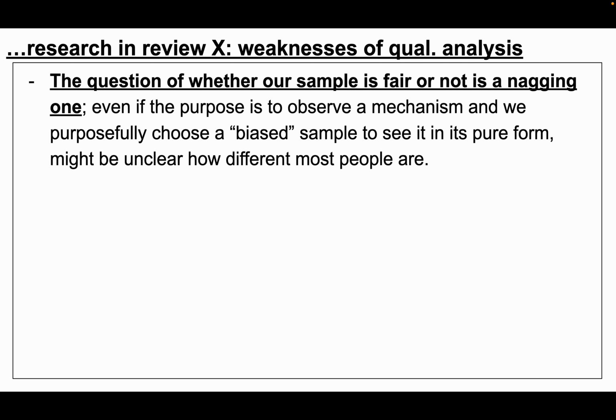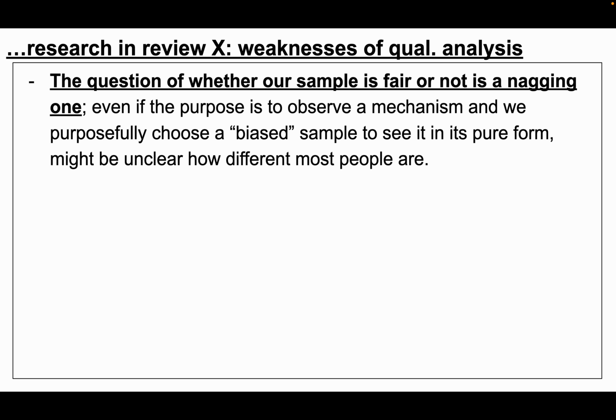And it seems like in every situation, even if we say, well, we think this sample is atypical, but we think it's the kind of most extreme expression of a particular phenomenon, you have to account for how you believe that to be true and why you believe that to be true.